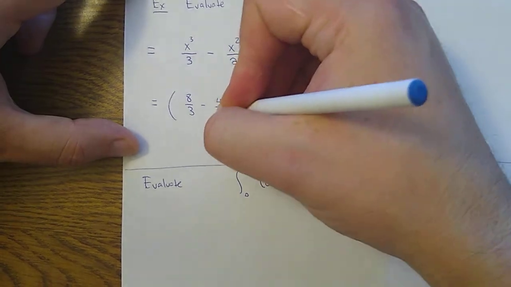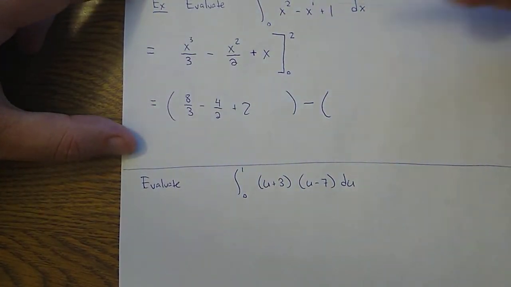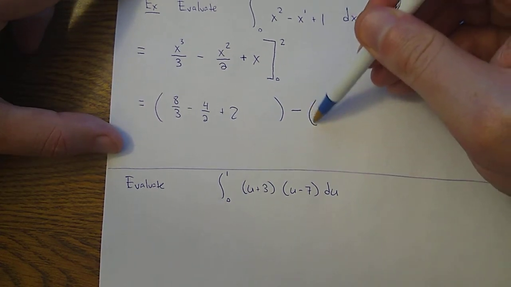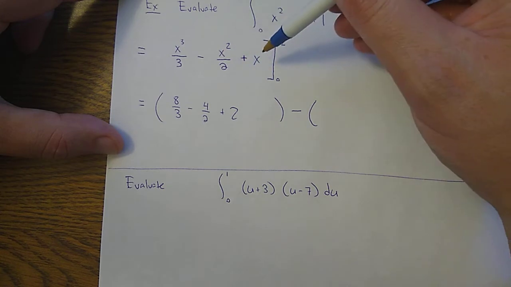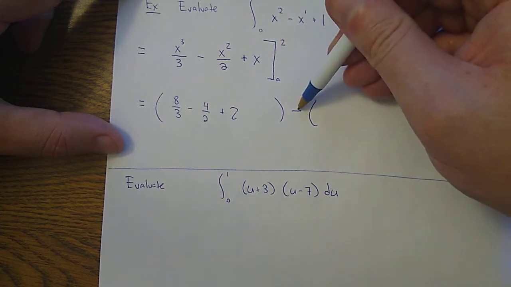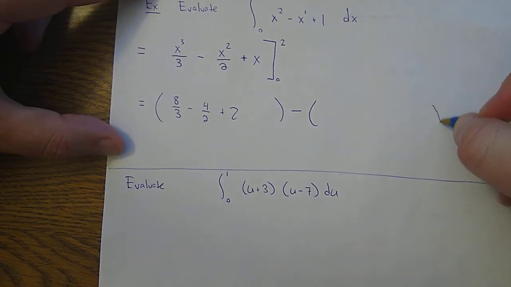8/3 minus 4/2 plus 2. I would subtract. And of course, I'm using parentheses here because if I don't, then I'm afraid I'll forget that I'm subtracting everything. This minus sign should really distribute to anything that's inside these parentheses.